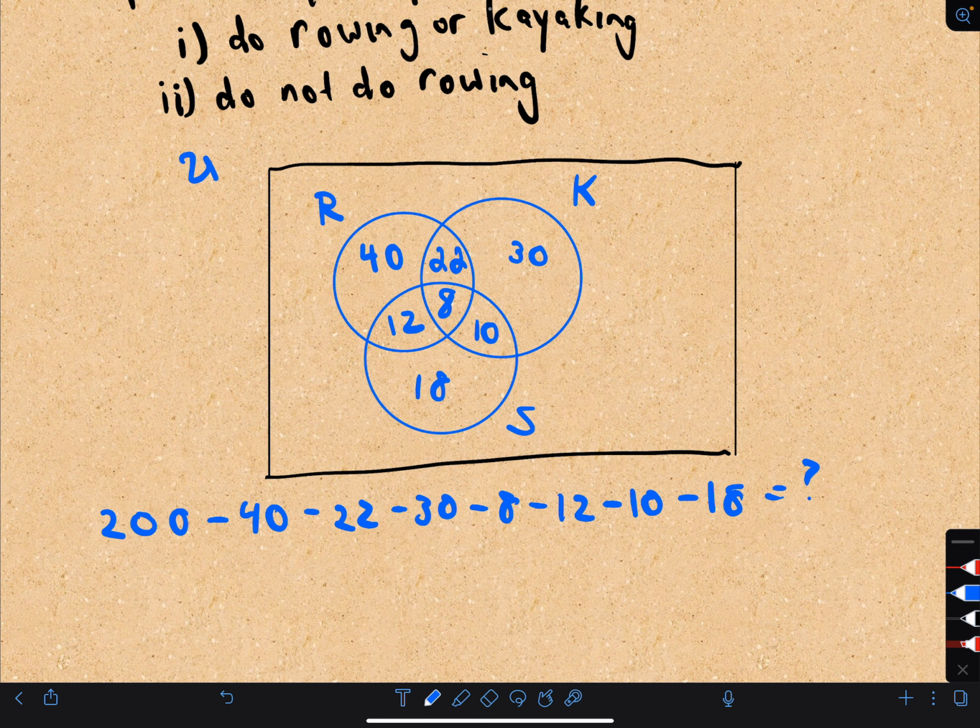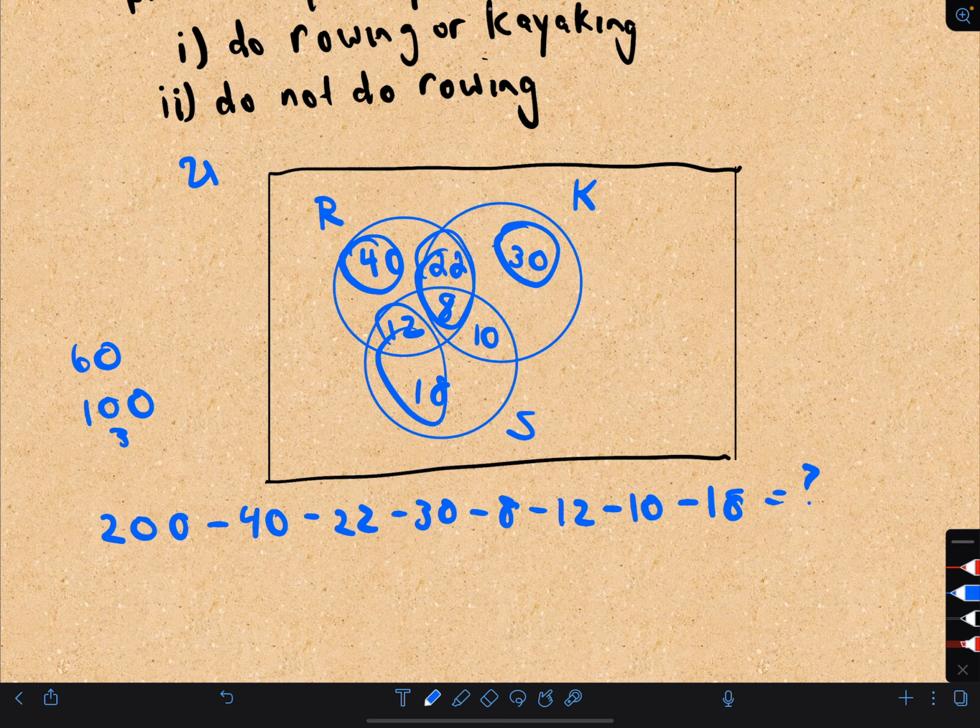I'm just going to add them up. 22 plus 8, that's 30. 12 plus 18, that's another 30. So this and this is going to give us 60 students. We've got another 40, so that's 100 students, plus another 30, that's 130, plus another 10, that's 140.